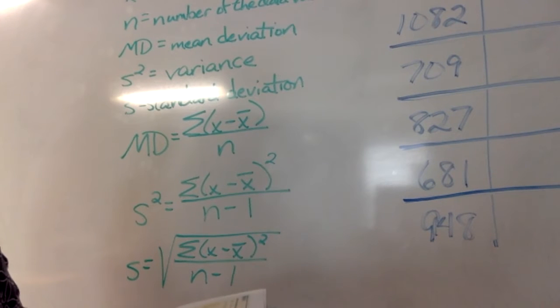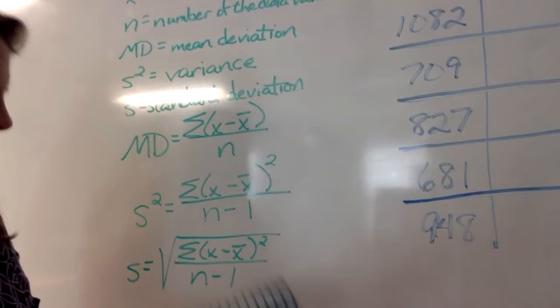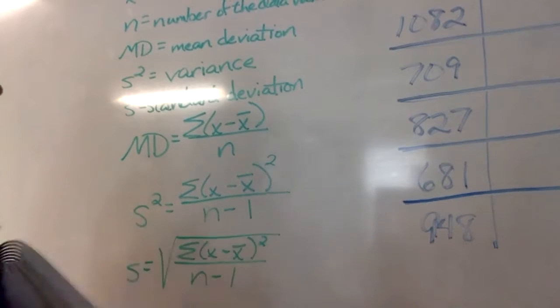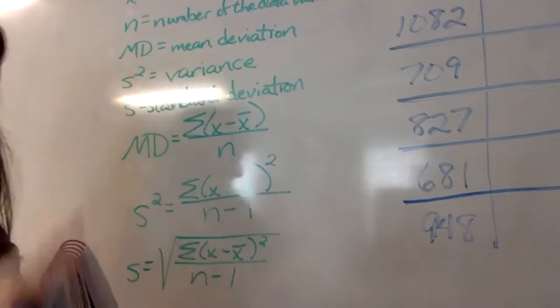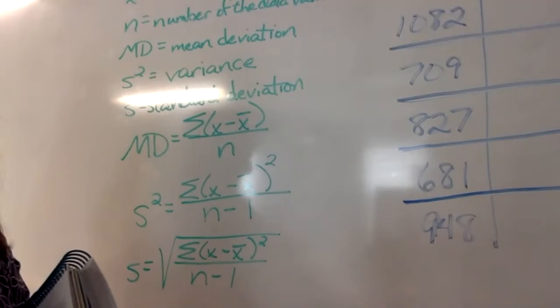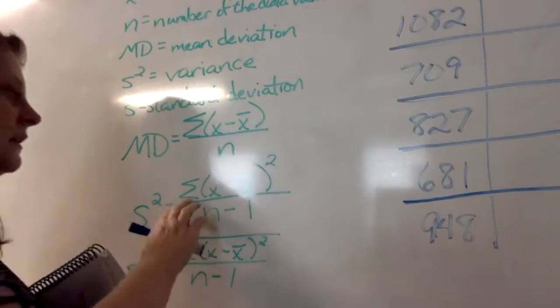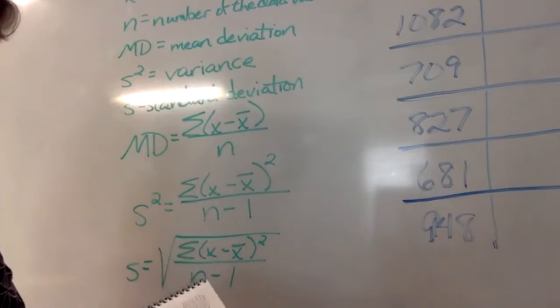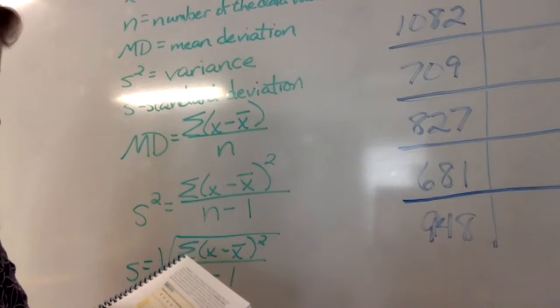So this is called our simple variance. Since we square stuff, that gets rid of negative signs, because a negative times a negative makes a positive. So that's why we like the variance a little bit better.